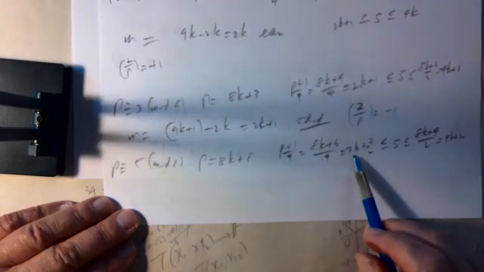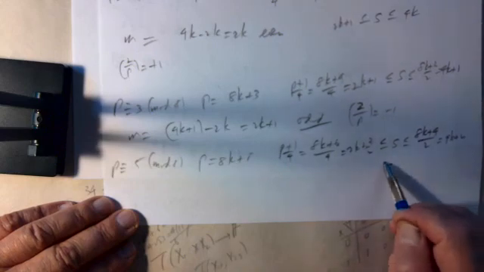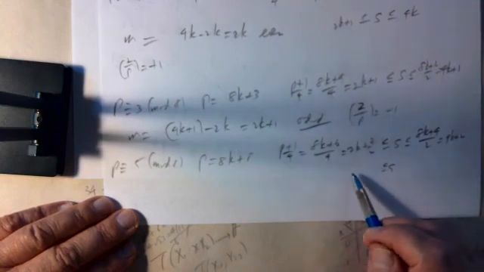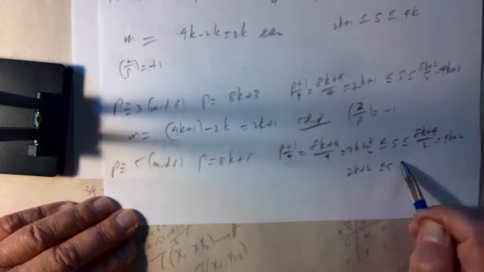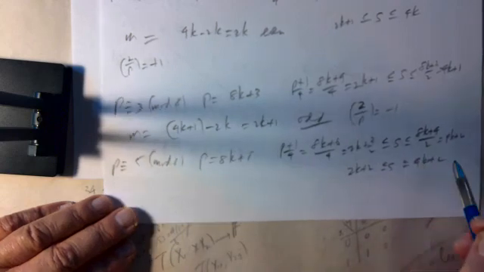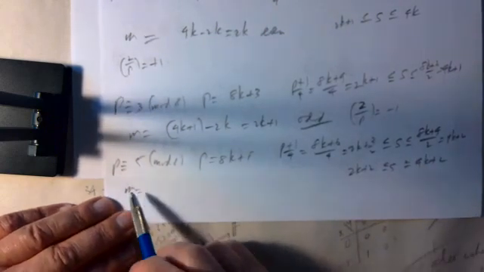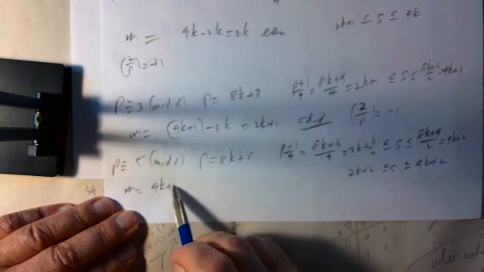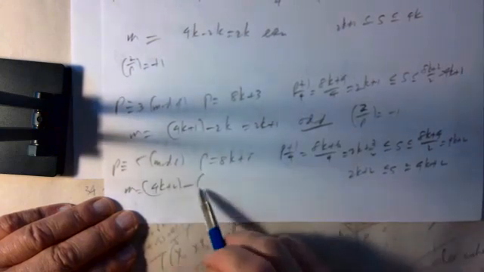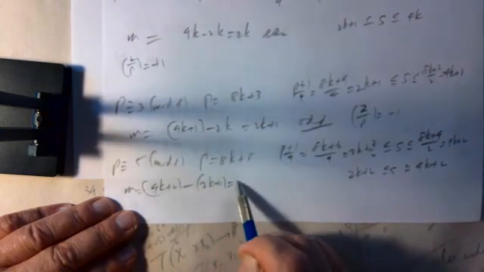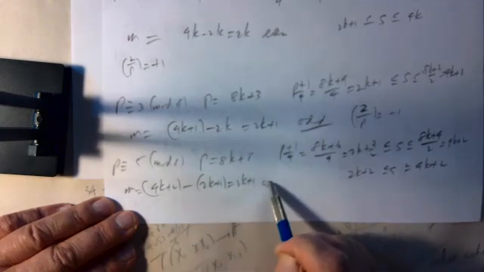If s is greater than or equal to 2k plus a half, s is an integer, so it's greater than or equal to 2k+2, less than or equal to 4k+2. So m is 4k+2 minus (2k+1), which is 2k+1, which is odd.